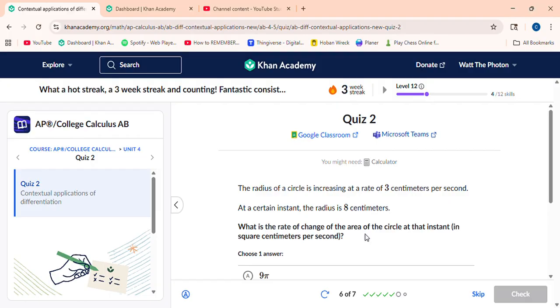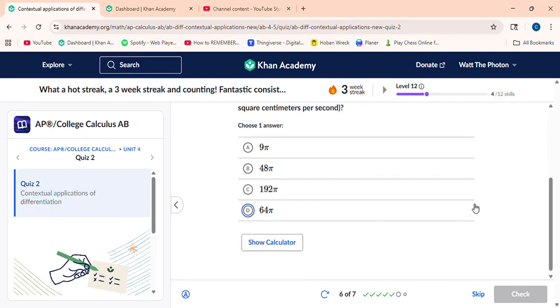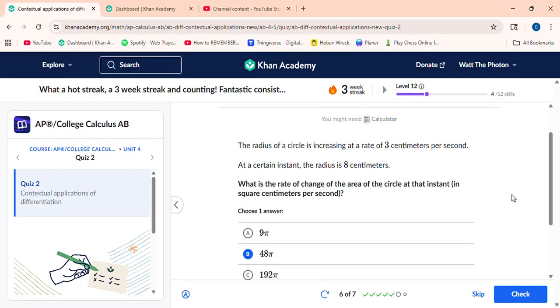So we get 2 times pi times 8 times 3, so 8 times 3 times 2. Yeah, 48. 48 pi. That's the rate of change, 48 pi. Sounds right. Three centimeters, radius is 8. 2 pi r dr/dt.